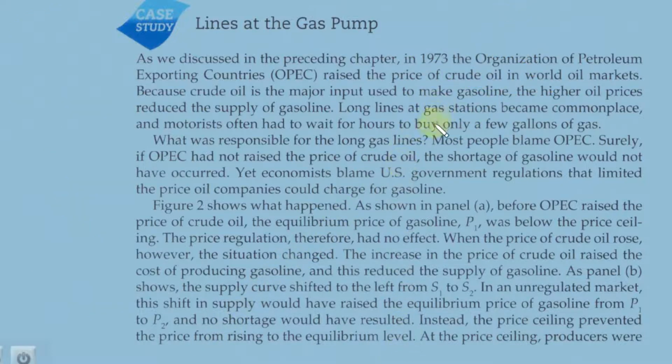So OPEC reduces the production to increase the price. The higher oil price reduced the supply of gasoline, right?